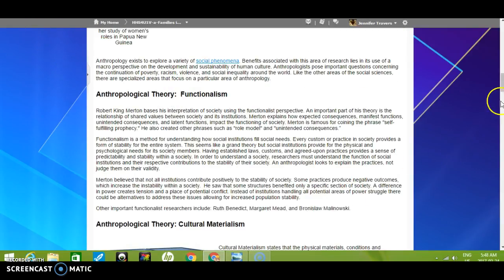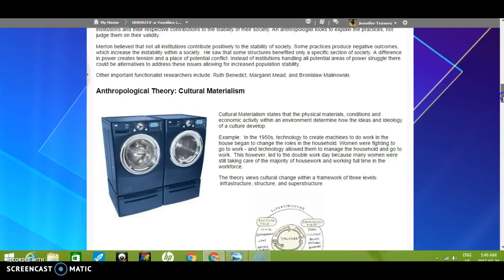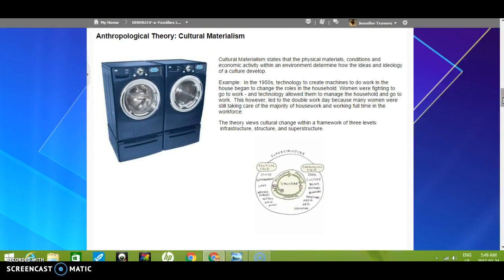The next theory is cultural materialism. This is a little bit more complicated to understand as there's many different parts of what cultural materialism is. Cultural materialists believe that there are actually structures in place and there's multiple levels.